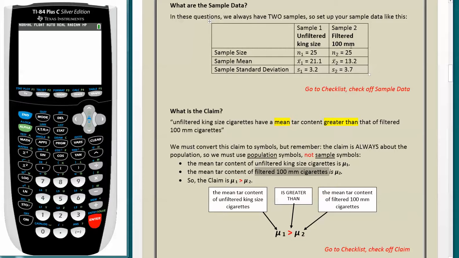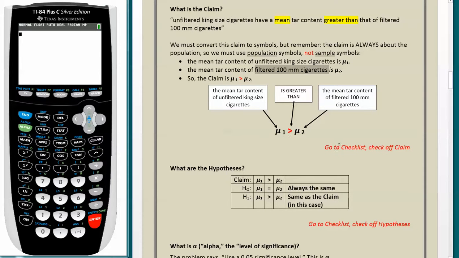This is the sample of this group. So our claim is that the mean tar content of unfiltered king-size cigarettes is greater than the mean tar content of filtered 100 millimeter cigarettes. So this is what our claim looks like using symbols. Mu1 is greater than mu2. Once we have this, we can go to our checklist and check off claim.